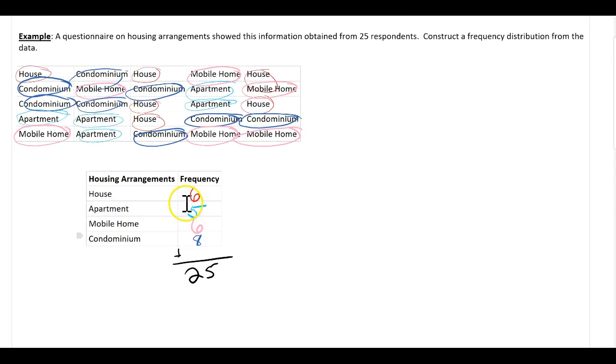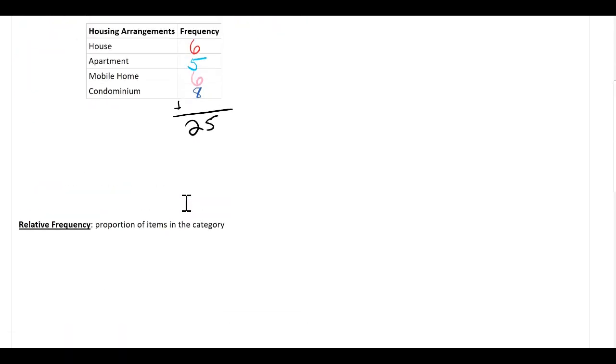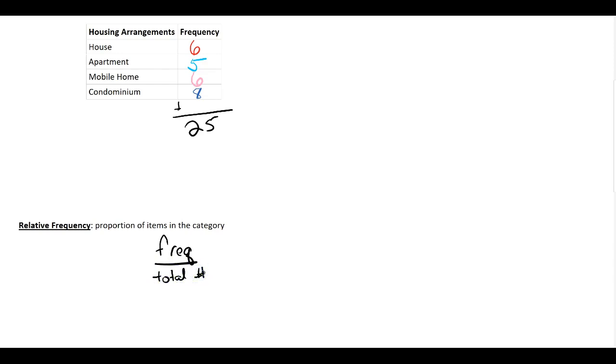Well, sometimes when we're talking about frequency distributions, we also want to know about the relative frequency. That's the proportion of items in the category. So when we talk about proportions, what we're talking about is our frequency divided by our total number. So remember that when we were discussing samples and everything, we determined that N was our sample size.